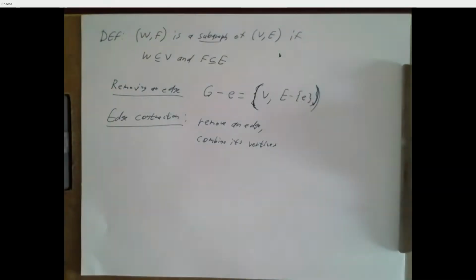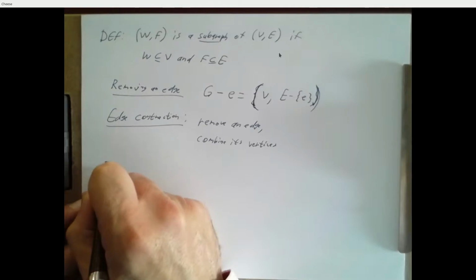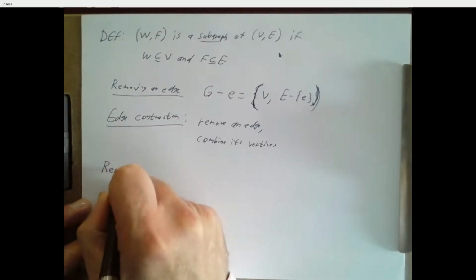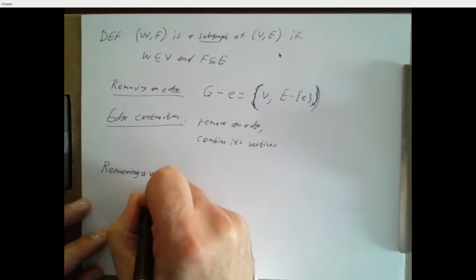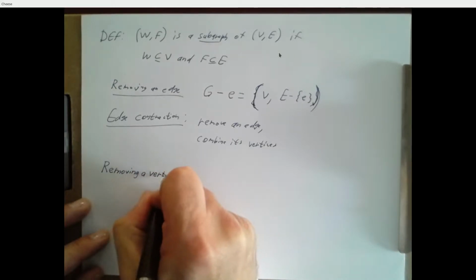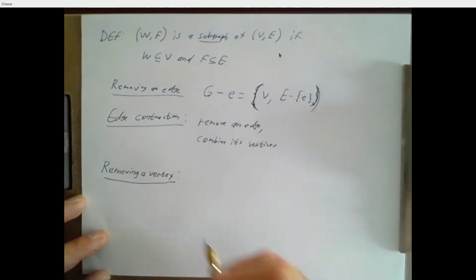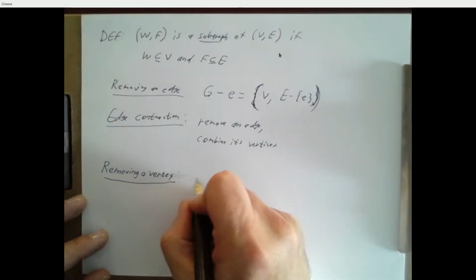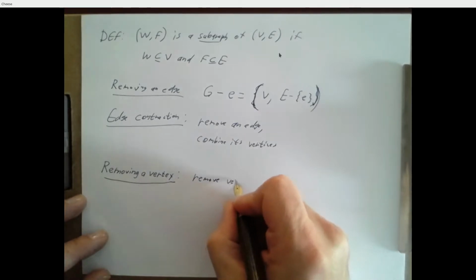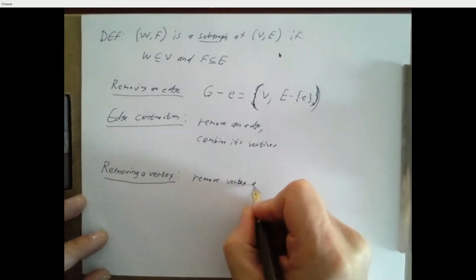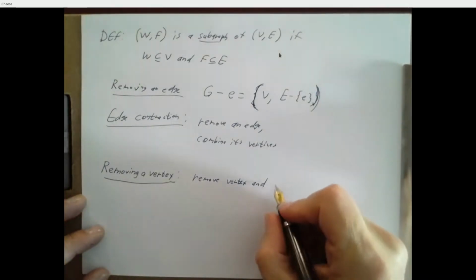All right, and the last operation we can do is removing a vertex. So remove the vertex and any edges incident.